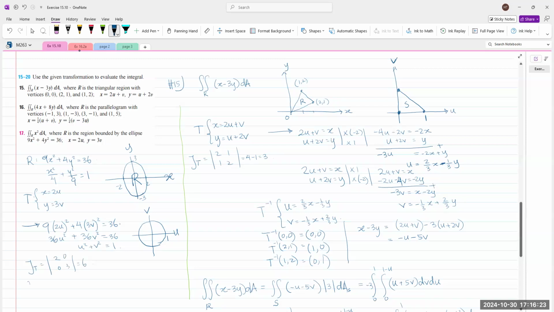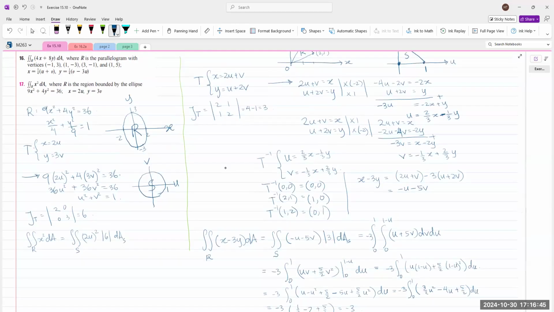Okay, now double integral over region R of x squared dA now becomes double integral over region S of x squared, which becomes (2u) squared, times the absolute value of the Jacobian dA in S. So this will be 6 times 4, that's 24 double integral over S of u squared dA in region S.